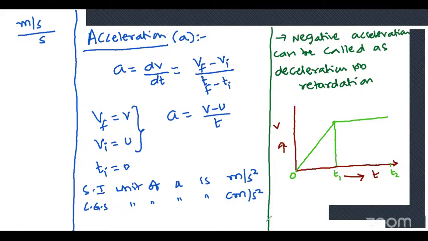From 0 to t1, particle moves in a straight line, and from t1 to t2, particle moves with constant velocity. Now I need to find acceleration versus time.